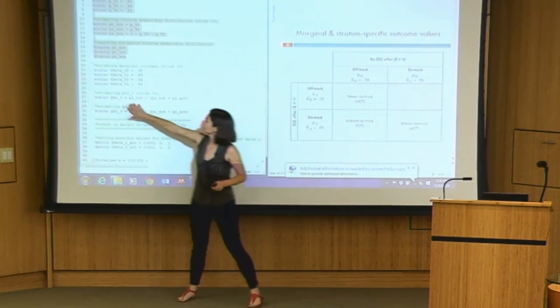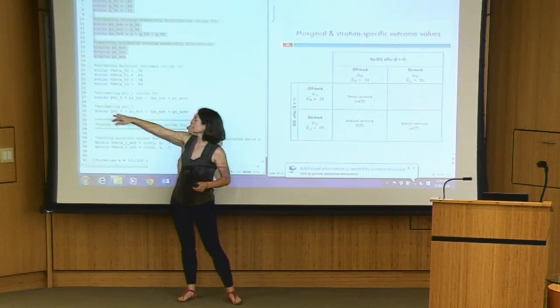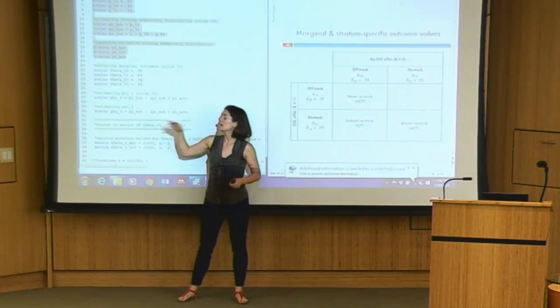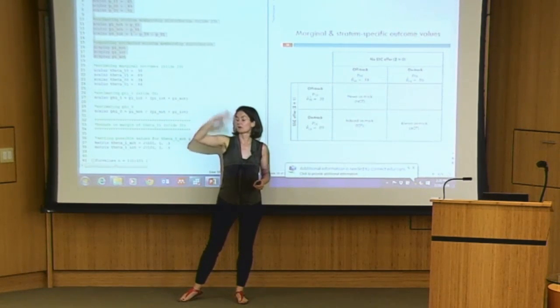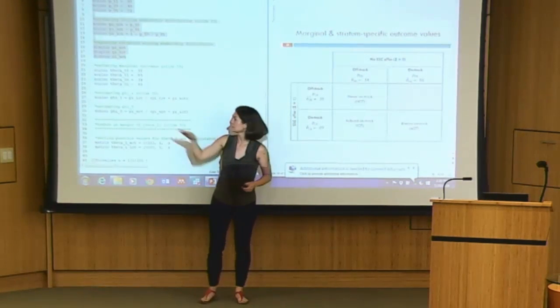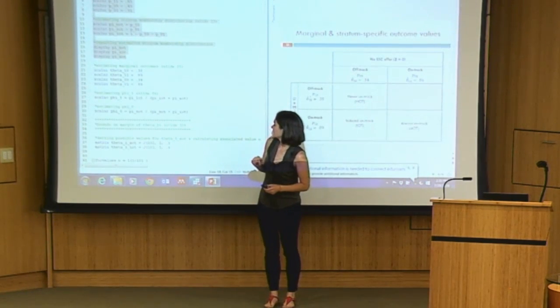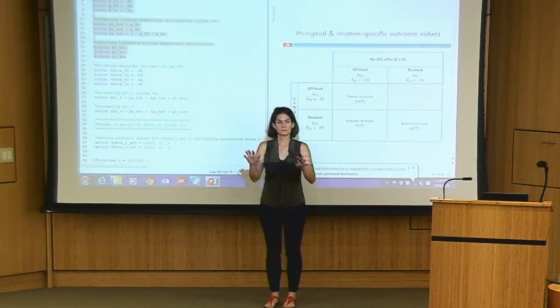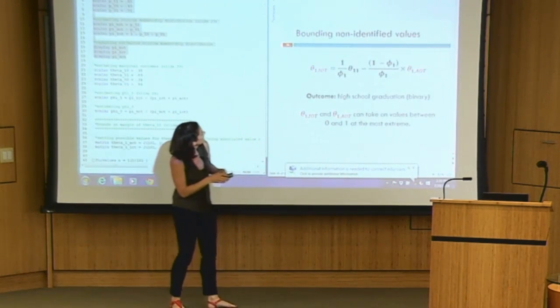So I set the values for the phi 1 scalar and the analogous phi 0, when we want to calculate bounds for the control values. That's all I've done here. So far, so good?